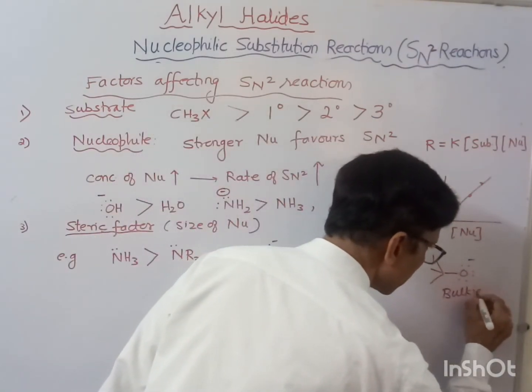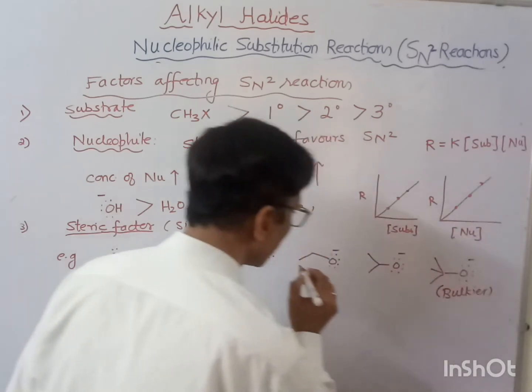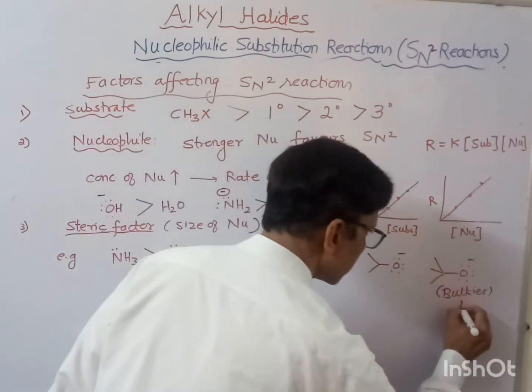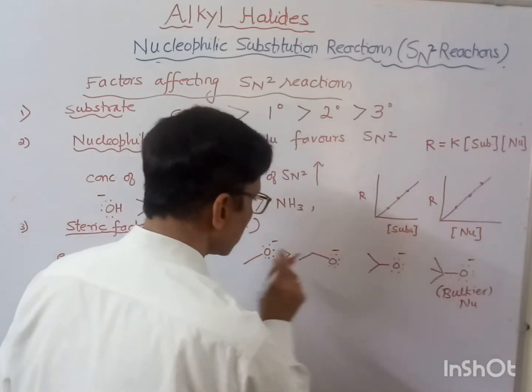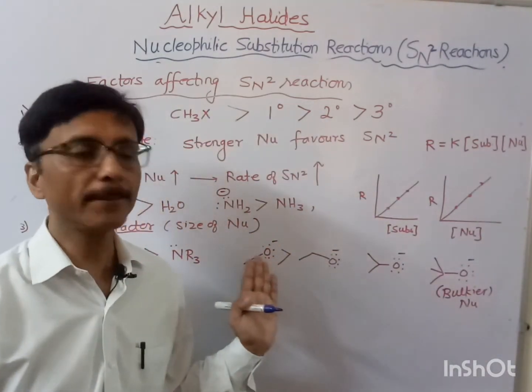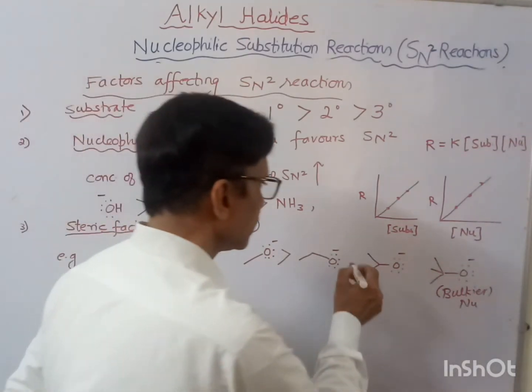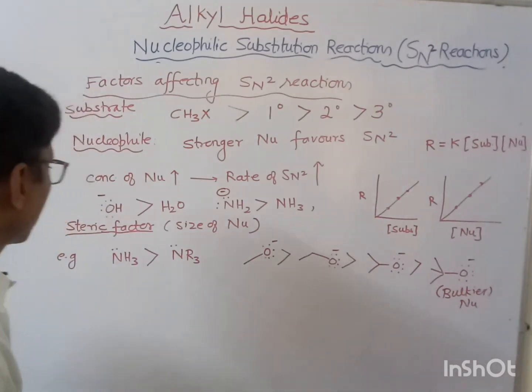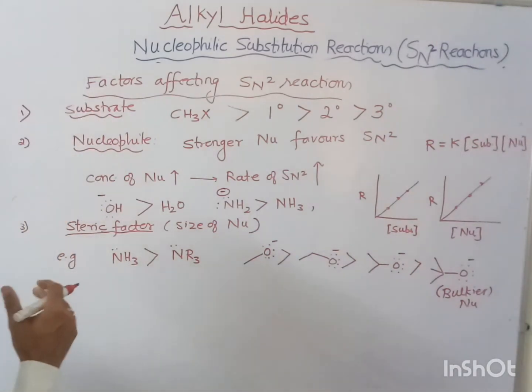As this is bulkier, the rate of substitution reaction will be slow in this case. So the rate of substitution reaction should be fastest in the case of methoxide ion in comparison to ethoxide, isopropoxide and tertiary butoxide ion. Okay, so these are some of the factors.